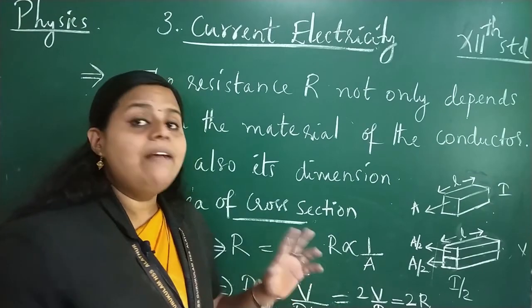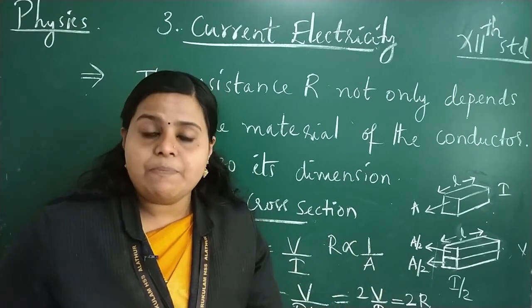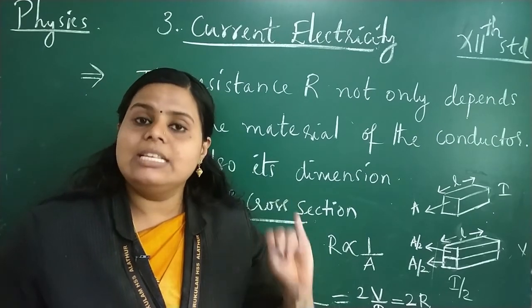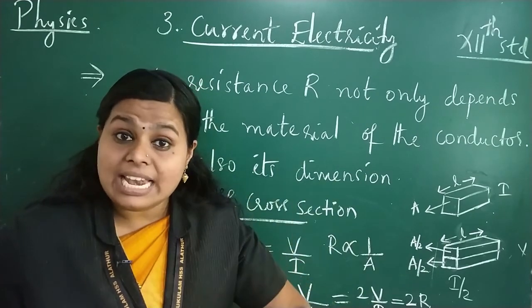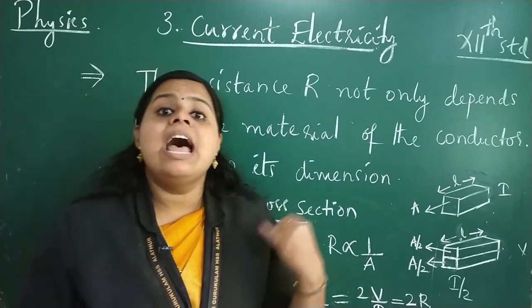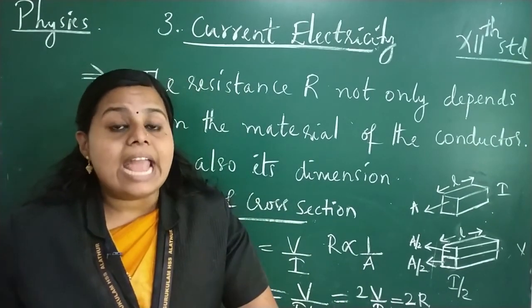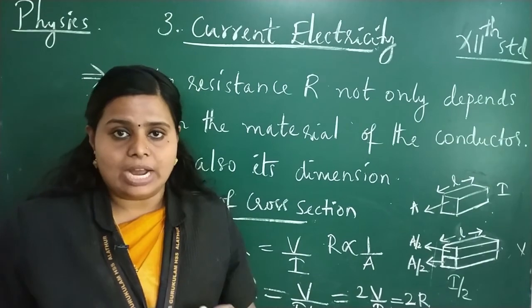So here we have learned two different dependences of resistance on its dimension. First one is the dependence of resistance on the length of the material of conductor, and the second one is the dependence of resistance on the area of cross section of the material of conductor.